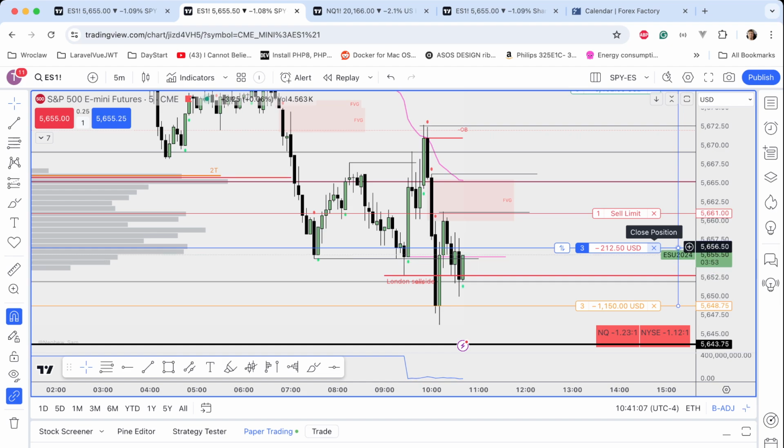Not looking good. This candle is looking good so far. See if we're gonna push. No. Okay.